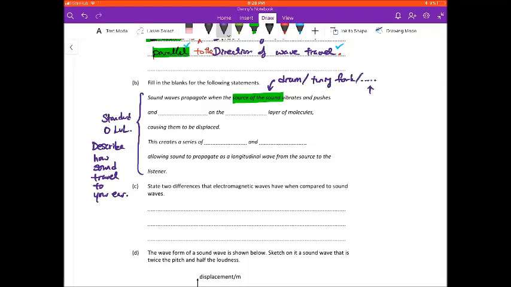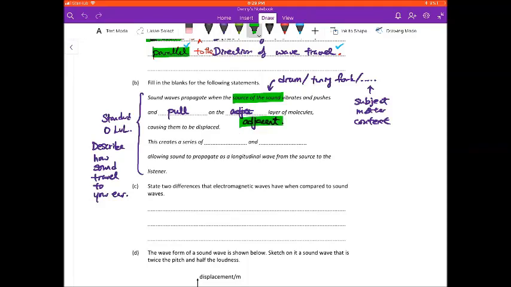You go and fill up the subject matter, and this subject matter you get from the context. Okay, so you need to tell the examiner that you know, okay, this thing vibrate and it will push and pull the adjacent, okay, adjacent, how to spell adjacent? Adjacent layer of molecule. So this is one of the keyword you need to learn, adjacent.